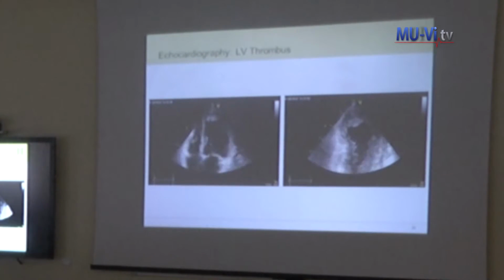This person had an infarction of the anterior wall, and if the anterior wall or any wall doesn't pump properly, people sometimes get a thrombus inside the left ventricle.